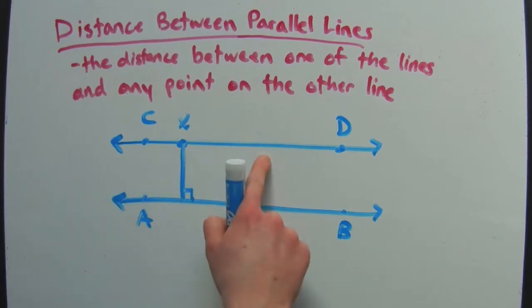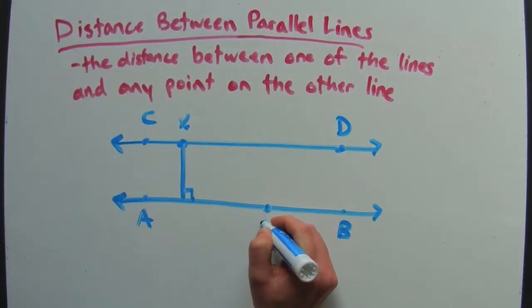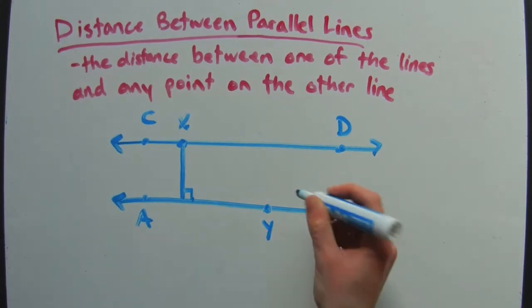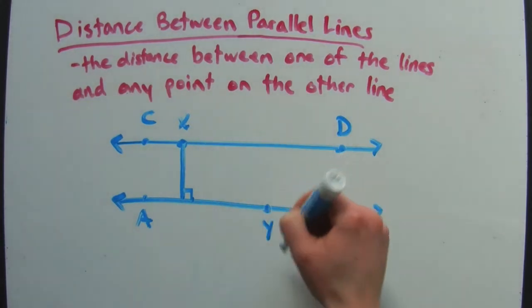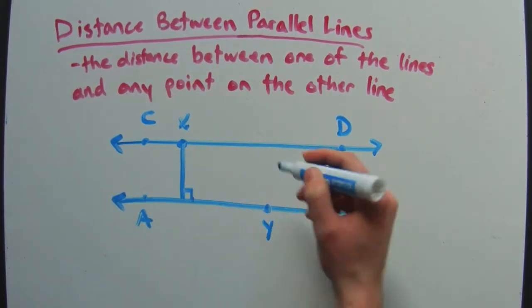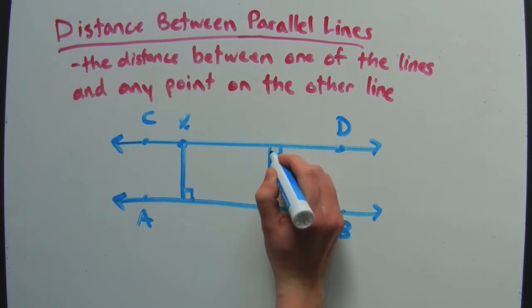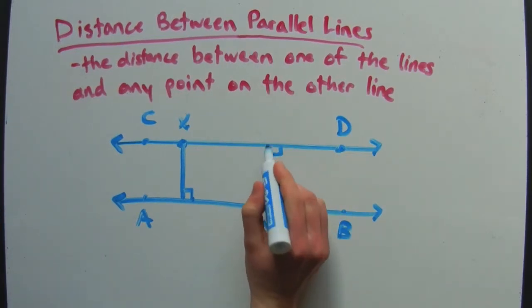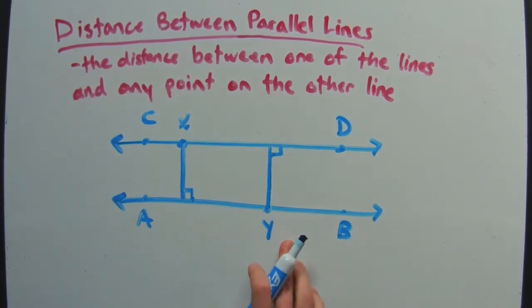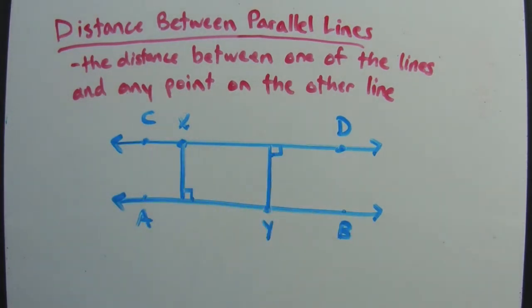We could also put any point on AB. Let's call that point Y, and measure from the point Y to the line CD. So that would be the length of the perpendicular segment between the point Y and the line CD.